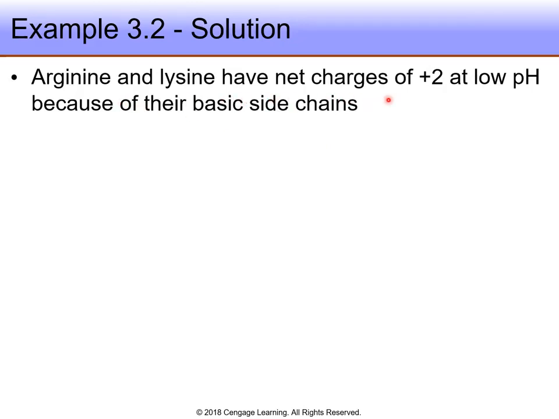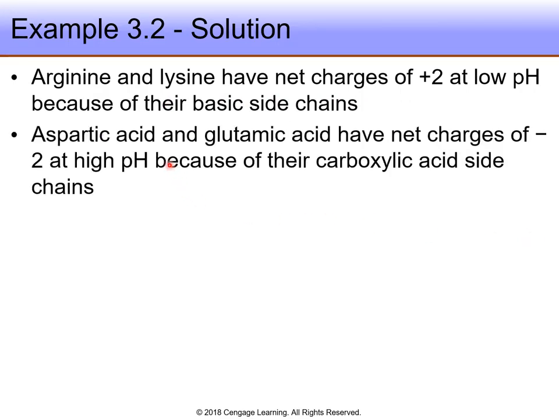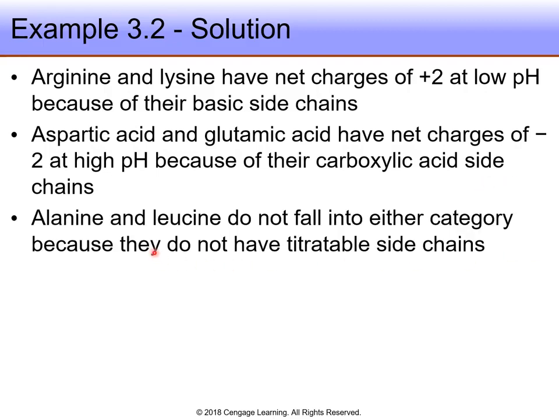Arginine and lysine have net charges of +2 at low pH because of their basic side chains. Aspartic acid and glutamic acid have net charges of -2 at high pH because of their carboxylic acid side chains. Alanine and leucine do not fall into either category because they do not have titrable side chains.